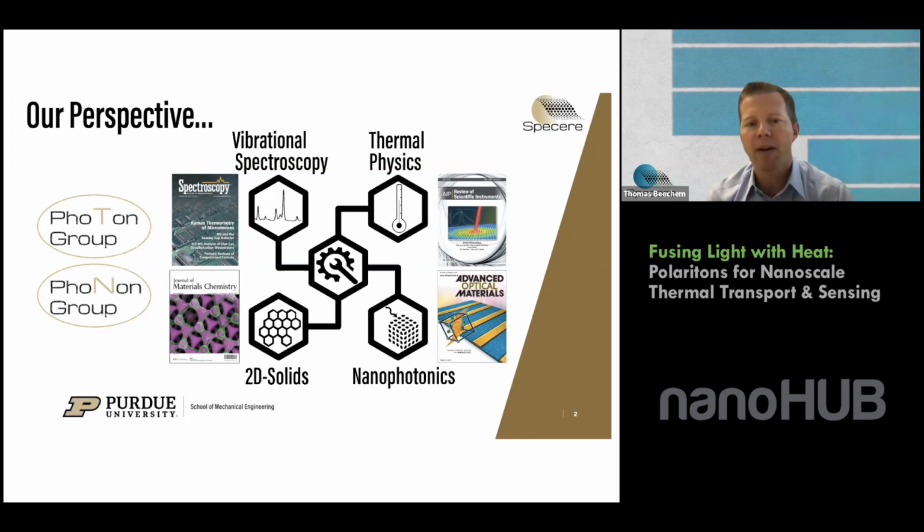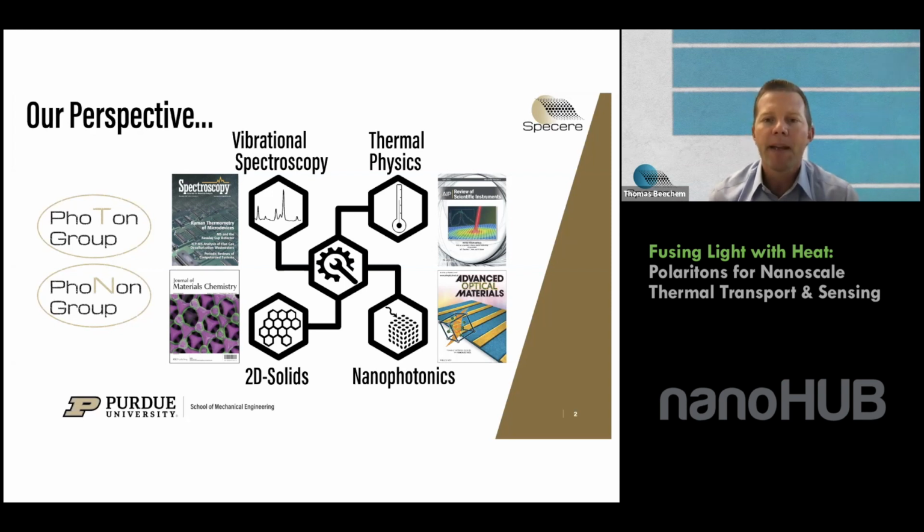When you put that all together, our group is a photon group and a phonon group. You might say those don't seem to go together, but they go together on two accounts. The first is that we think about infrared photons a lot. Infrared photons have energies on the same scale as phonons, specifically optical phonons.